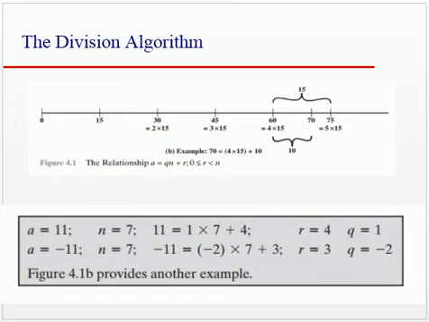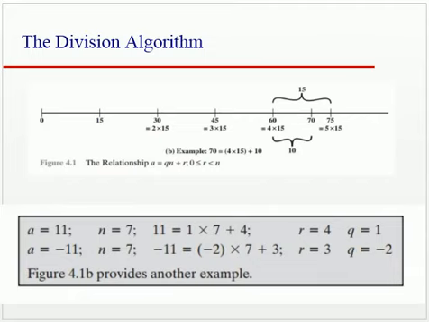The difference between 4n and 70 is 10. So we can represent 70 as 4 into 15 plus 10, where 10 is the remainder or residue in this division and 4 is the quotient.